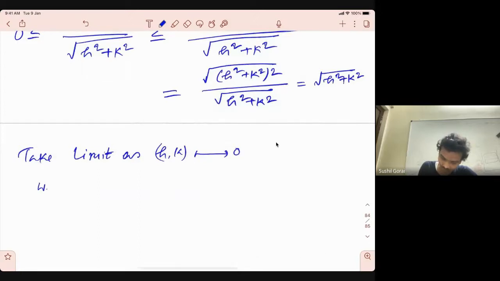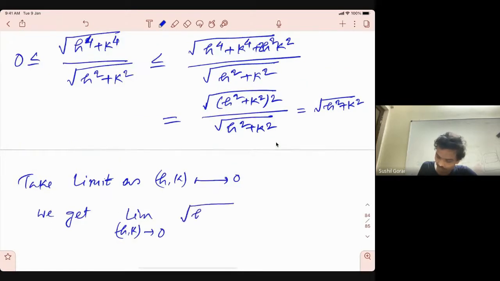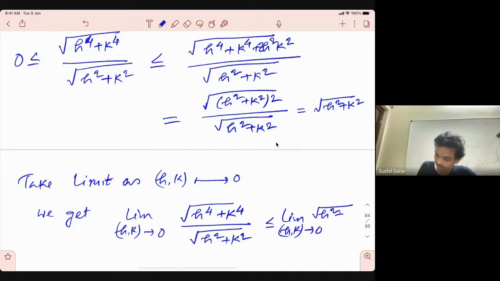The limit of the root of h to the power 4 plus k to the power 4 over the root of h square plus k square is less than or equal to the limit of the root of h square plus k square, and this is 0.